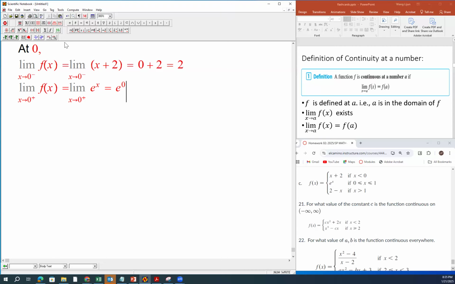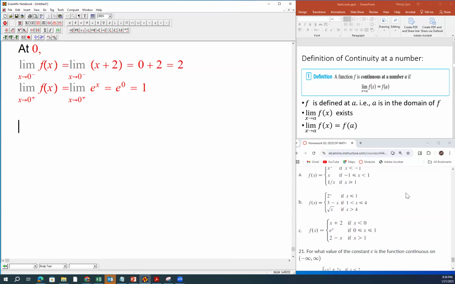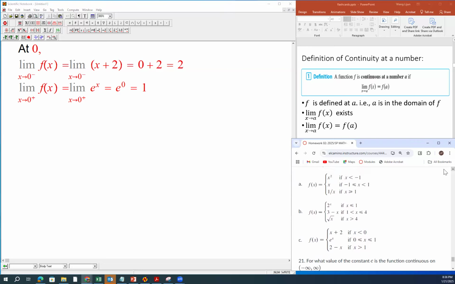So obviously we have seen the limits from left and right are not the same. There's a discontinuity. Right? But we're also going to look at right continuity and left continuity, by the way. But first we answer the question where it is discontinuous.